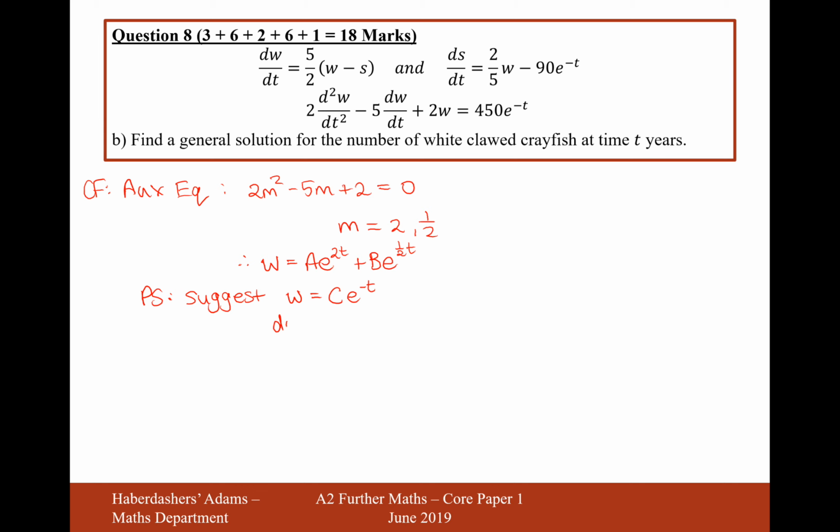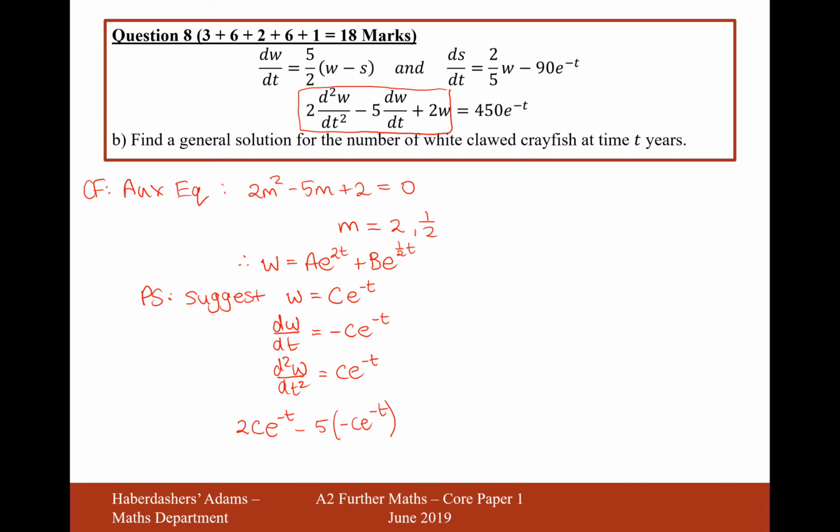So if we do dw by dt, that will give us minus c e to the minus t, and then if we do d squared w by dt squared, then that's going to give us c e to the minus t. Substituting it back into this left hand side here, so it's going to be 2c e to the minus t, that's the first bit, 2 times the second differential, minus 5 times the first differential, which is minus c e to the minus t.